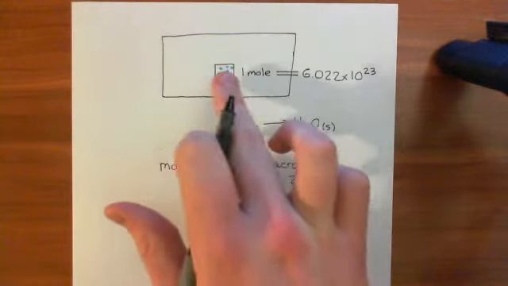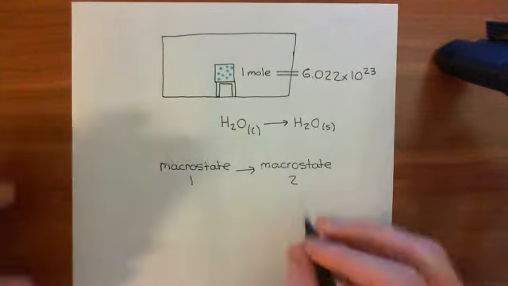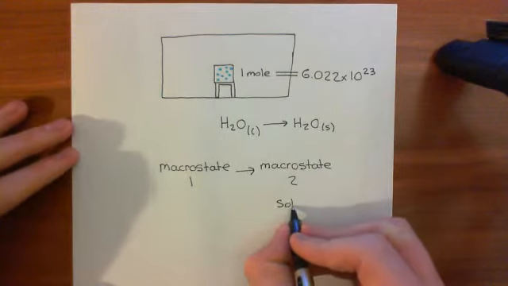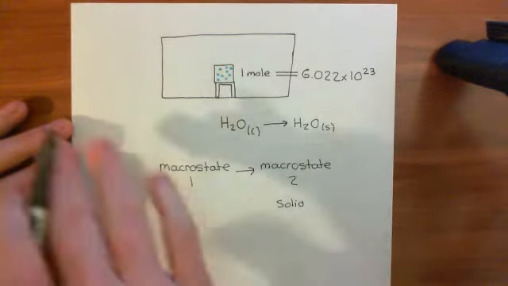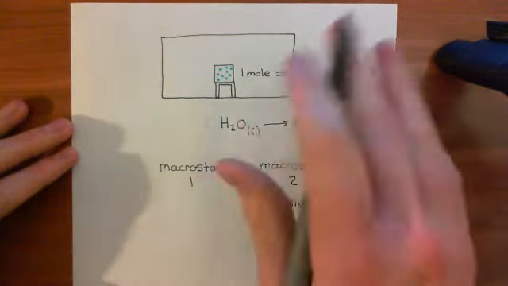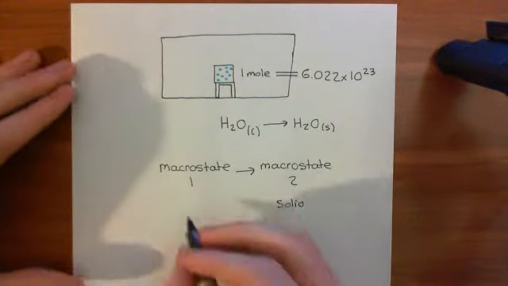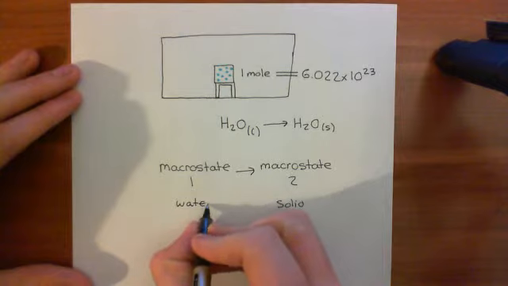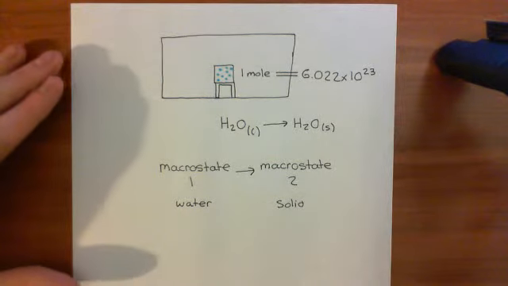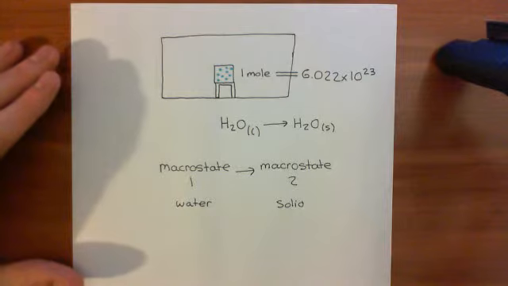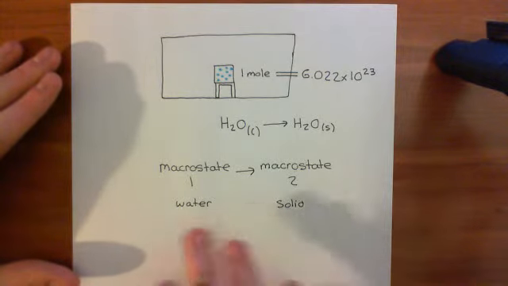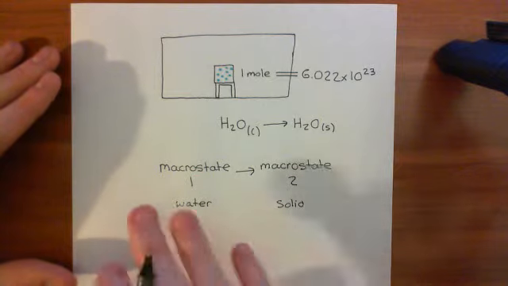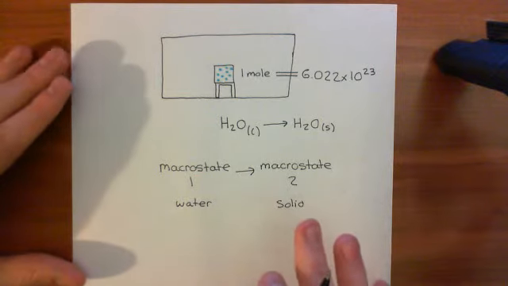Macrostate 2 is that we then have these water molecules as a solid. We'll assume that the rest of the universe hasn't changed, so everything around hasn't changed. Just to simplify, they go from water to solid. Now, there's a little bit more that has changed here. That is not all that's changed. If that was all that had changed, then this would not be allowed by the second law of thermodynamics.